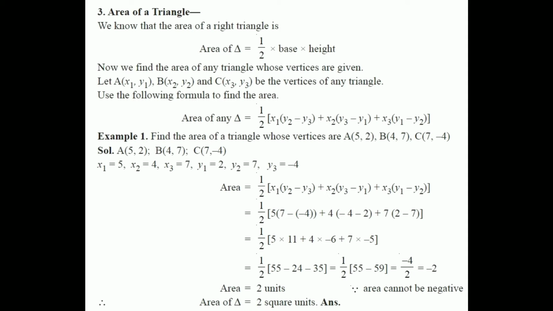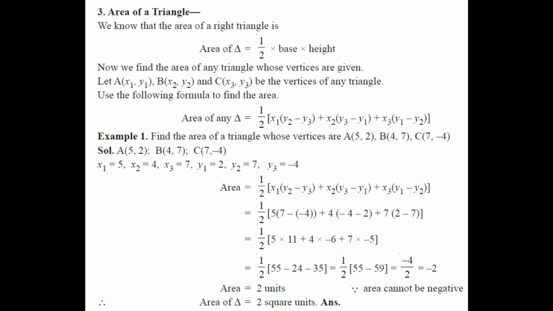Here we write down x1, x2, x3 as the abscissa of A, B and C, means x1 is 5, x2 is 4 and x3 is 7. Similarly, the ordinate values of A, B and C give us y1, y2 and y3. This we have already done in previous videos. y1 will be 2, y2 is 7 and y3 is minus 4.